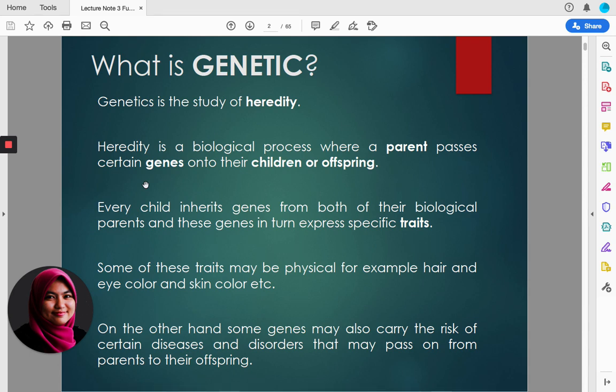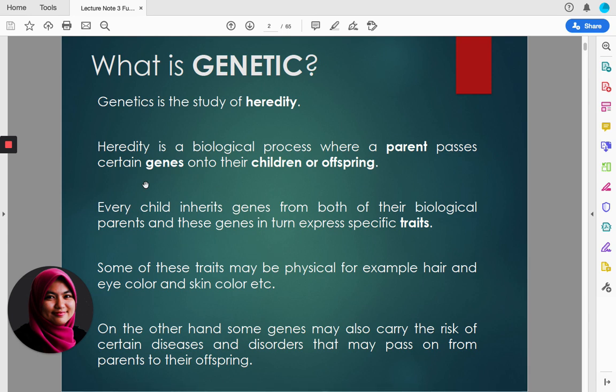If you have ever heard about heredity, heredity is a biological process where a parent passes certain genes on to their children or offspring. Every child will inherit genes from both of their biological parents, and these genes in turn express some specific traits.